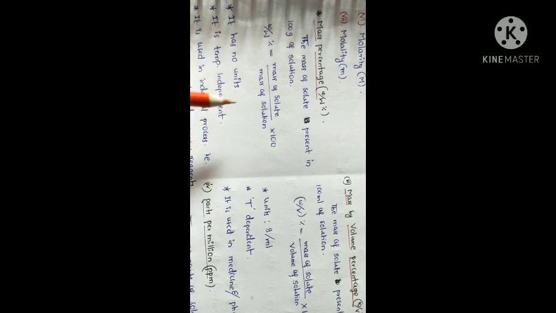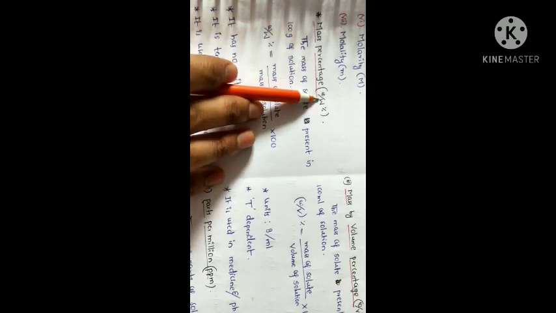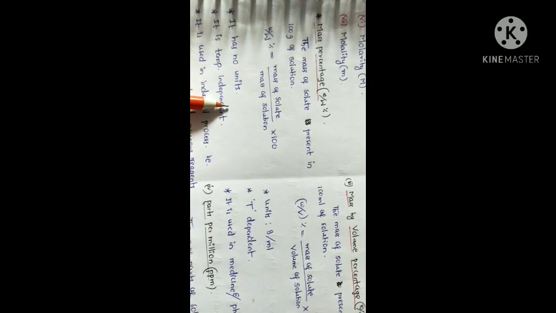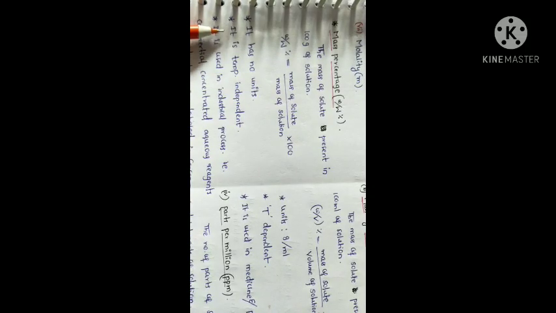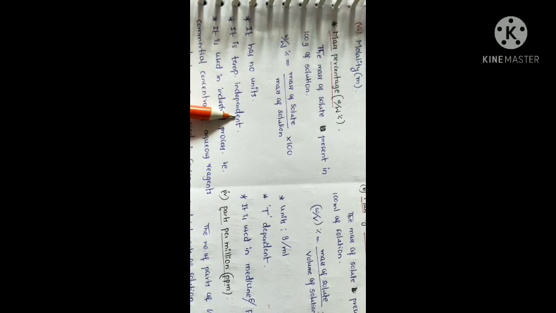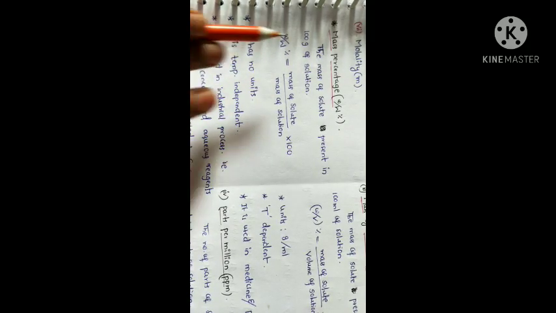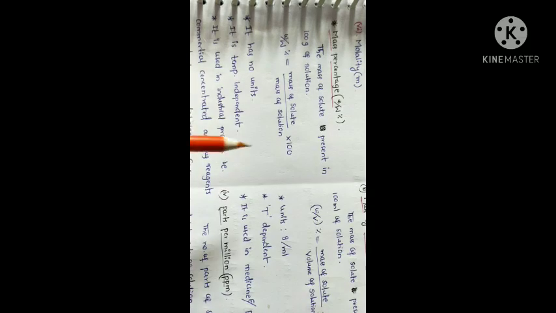We can calculate the mass percentage this way. It has no units, and it is temperature independent, which is very important. Because mass does not depend on temperature, mass percentage is temperature independent.